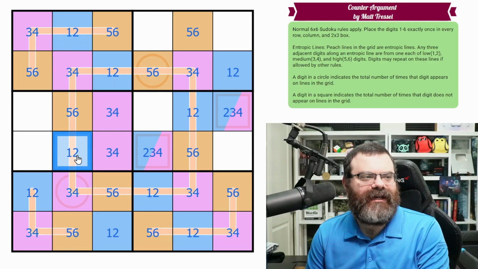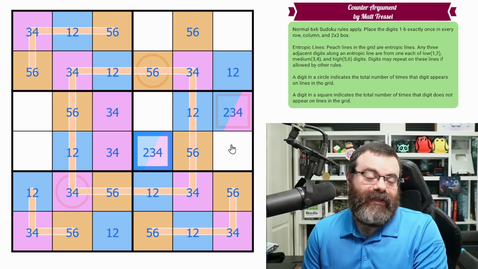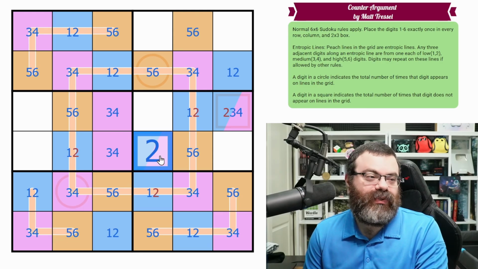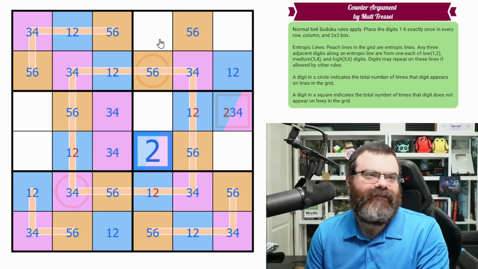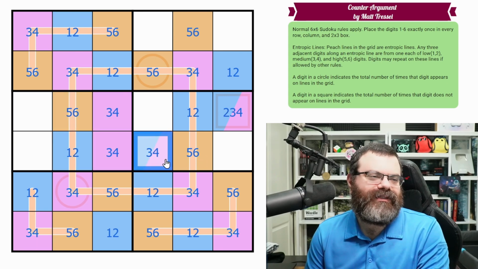And so if 2 is in this cell, then this can't be a 2. Right? If this were a 2, that's saying that we have 2 2s off lines. But we know that this is off a line. It counts itself. And we know that the 2 in this box is off a line. And so the 2 in this box would have to be on a line, but it ends up here, which is off a line. That's 3. So this can't be a 2. And so this ends up being purple, not blue.